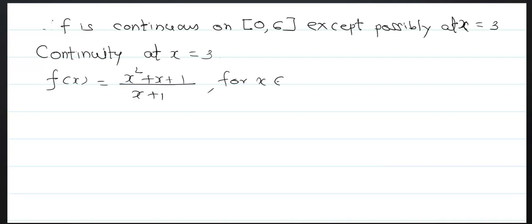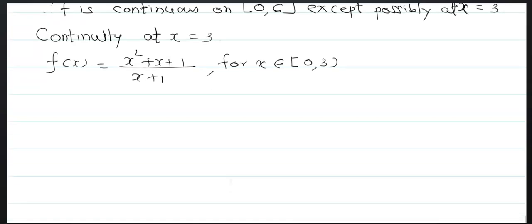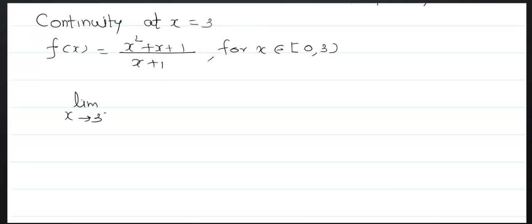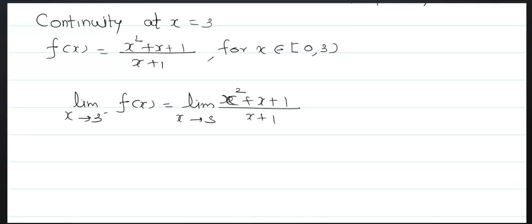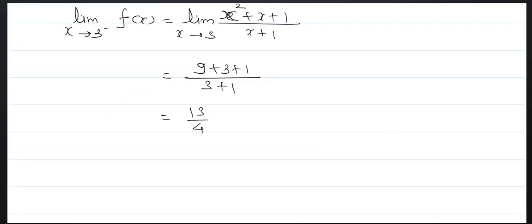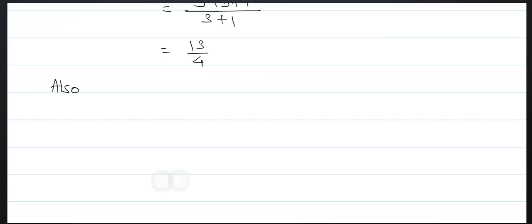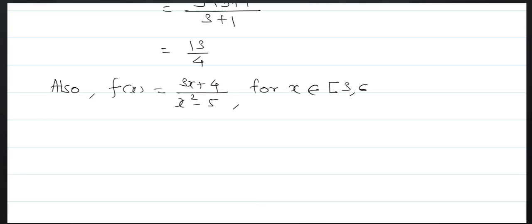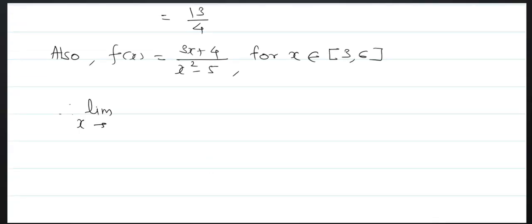I will check the continuity at x equals 3. The left hand side limit, x square plus x plus 1 upon x plus 1, is 9 plus 3 plus 1 upon 3 plus 1, that is 13 by 4. Also, f of x is equal to 3x plus 4 upon x square minus 5 for x belonging to closed interval 3 to 6.